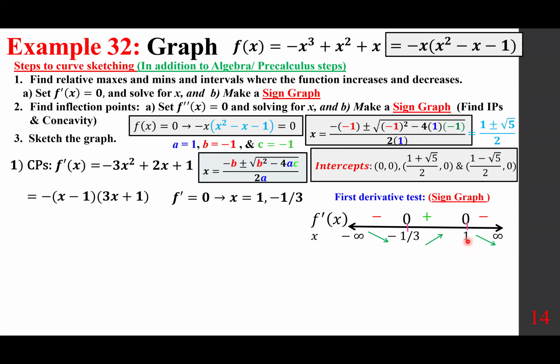Local max at 1 and local min at negative 1/3. For 1, you have to find the pair. If I plug it back in here, minus 1 squared is 1, cubed is 1, so minus 1 plus 1 plus 1 is just 1. So the local max is 1 at the point 1, 1. And for the local min, I have to plug in negative 1/3.